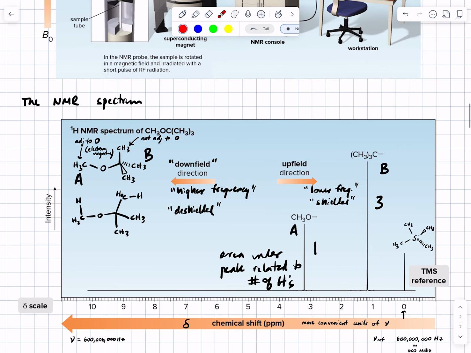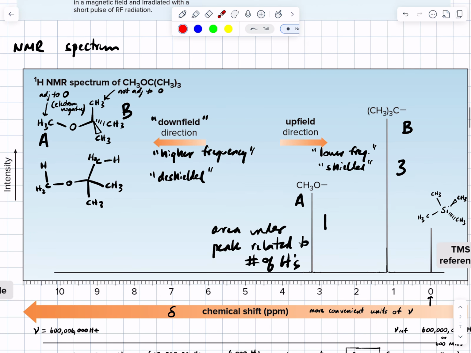Because one of the things you notice here is I got 9 protons here and 3 protons there, but I only have 2 peaks. Why do I only have 2 peaks? Why don't I have 3 peaks for each proton on the methyl group? They're all the same by symmetry, right? By rotation, you can rotate around this bond and all of the protons can interchange their positions.